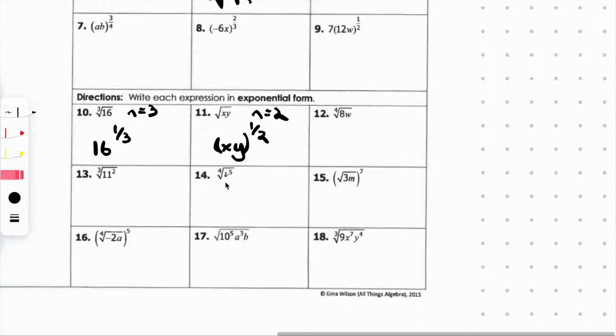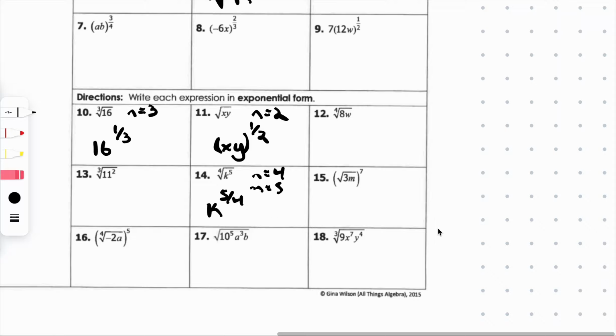Okay, so in this case, we see the fourth root of k to the 5th. n is equal to 4. m is equal to 5. So we say it's equal to k to the m over nth power, so 5 over 4th power.